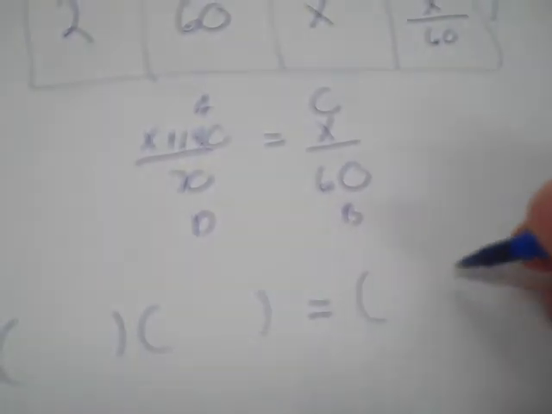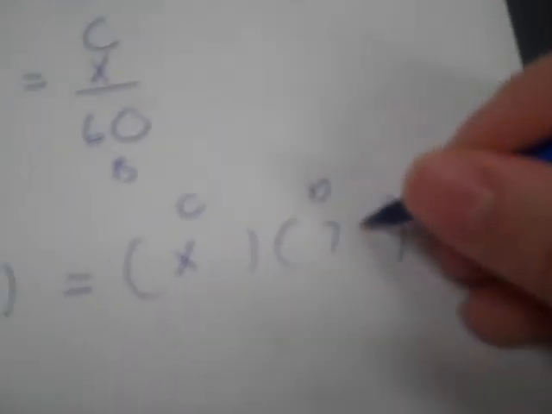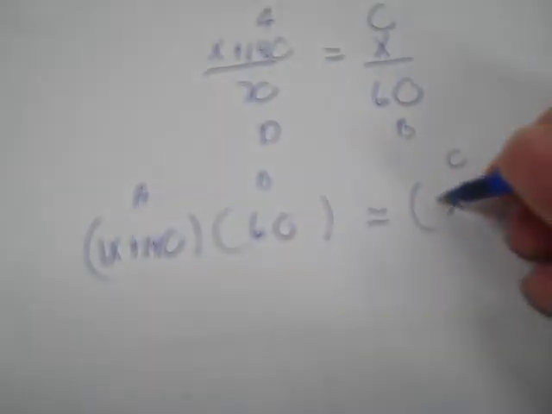Each of these ratios can be formed into a proportion. A, B, C, D has to be used. So A is going to be x plus 140, and A times D, B times C, so times 60, and C is going to be x times 70. Now I'm going to put 1s in front of the x's.